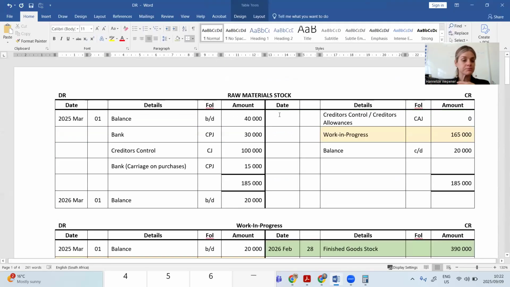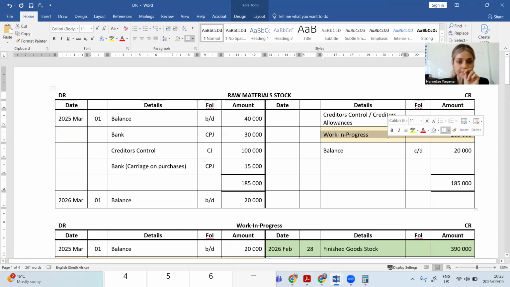Okay, so just very important to note that we might not ask you to do the ledgers. We will ask you, please calculate the amount of raw material stock issued to work in progress. So if you listened throughout the video, you would have heard me say, what did I issue to work in progress? And what I issued is the amount that I'm taking from raw material stock to my work in progress account. So I've started working on it.